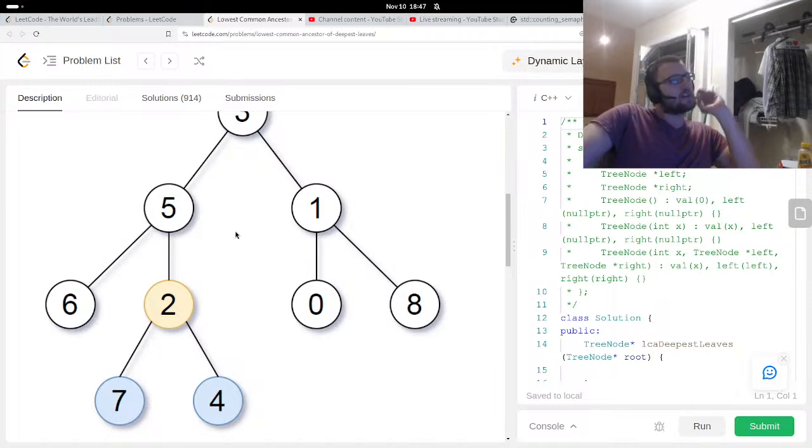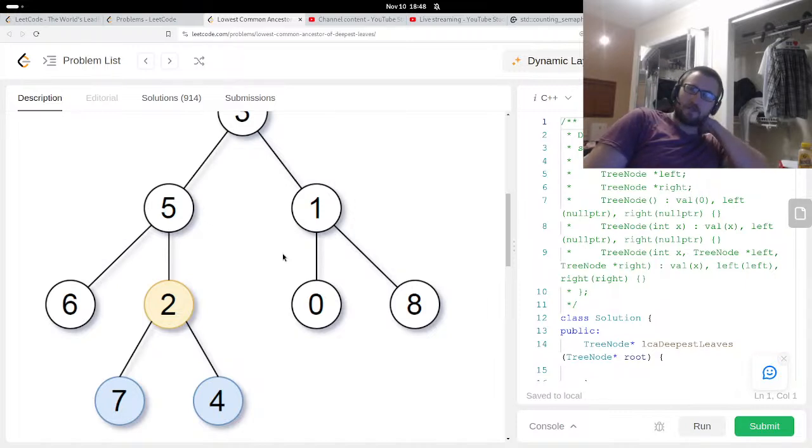It is also the lowest depth node that contains a left child and a right child with deepest leaves. Yes, because any node that contains deepest leaves on the left side but not the right side, or vice versa, only one side, that doesn't contain all the deepest leaves.